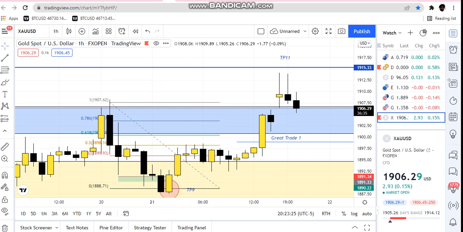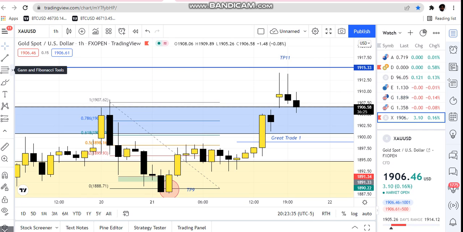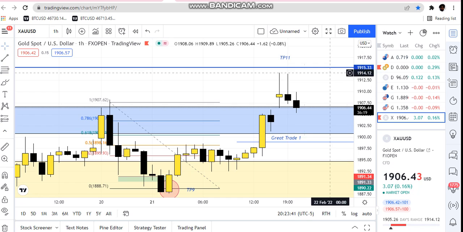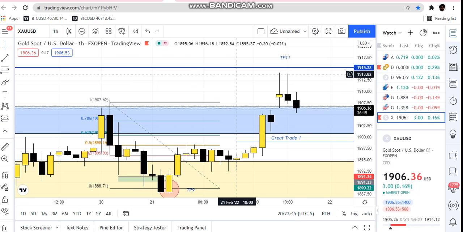This is one of our candlestick patterns that will appear at the top of an uptrend. It will either be an evening star pattern, a tweezer top pattern, a shooting star, a bearish engulfing pattern, some type of bearish pattern. This is one of our bearish patterns that appear at the top of an uptrend, and this lets us know that price is reversing. As you can see, price is reversing right now.